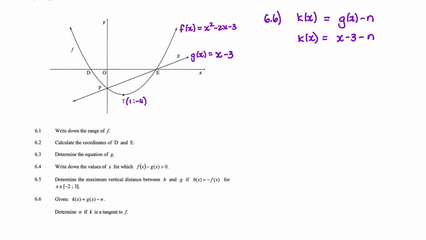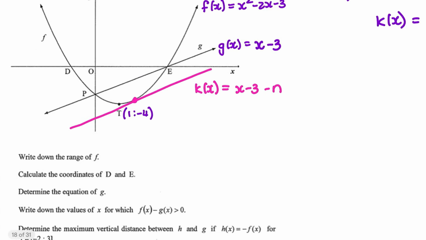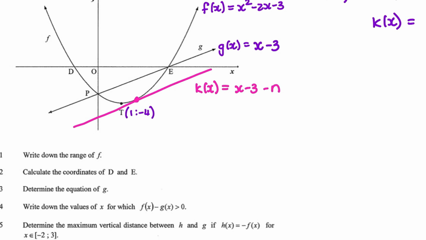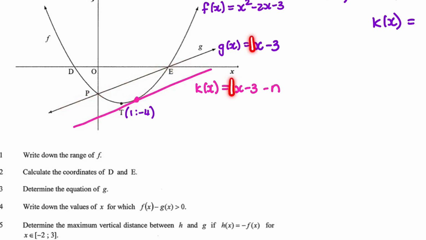Next, we are given information that k is a tangent to the curve of f, and I want to find the value of n when k is a tangent to the curve. So what I realize is that the line of k would be parallel to the line of g because they have the same gradient of 1.